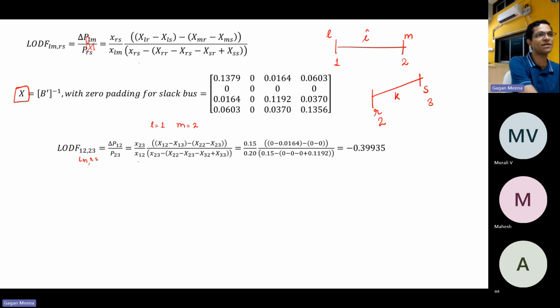Max limits are not required for calculating LODF; we can calculate it without that. R is 2, S is equal to 3 here, so just calculate all these values.